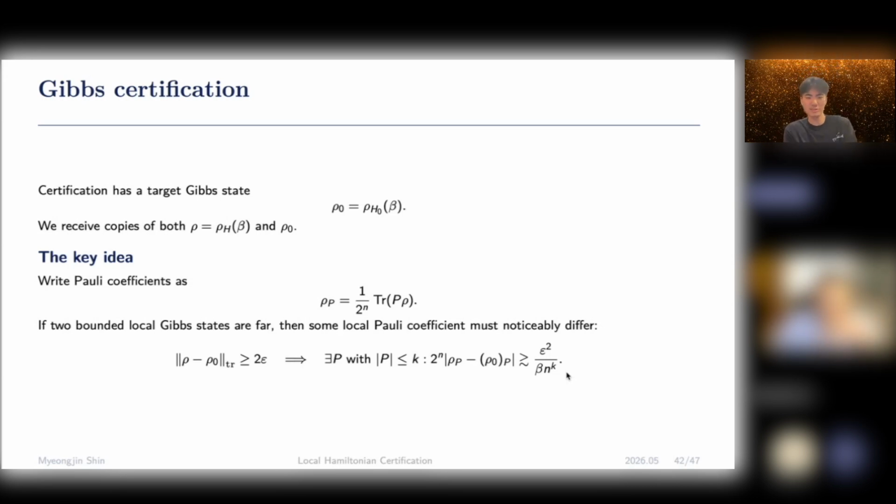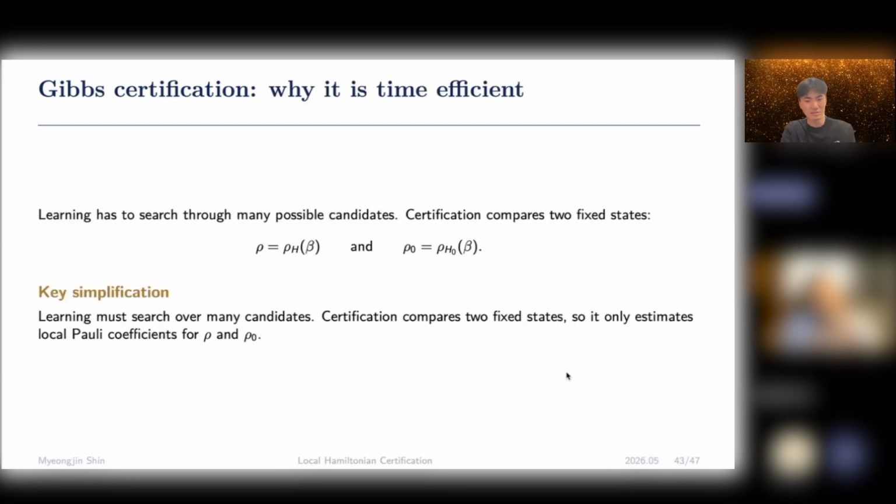So we can just repeat the Pauli measurements and check whether the Pauli measurements are close or far. We do not have to set a candidate set and search all of it, since we have the answer Hamiltonian H0 and the answer Gibbs state. So certification is time efficient in that sense.